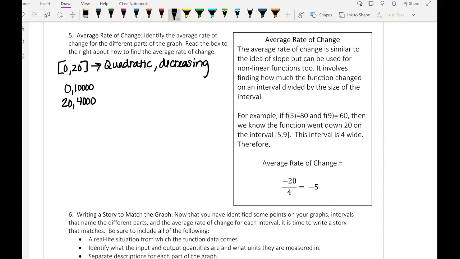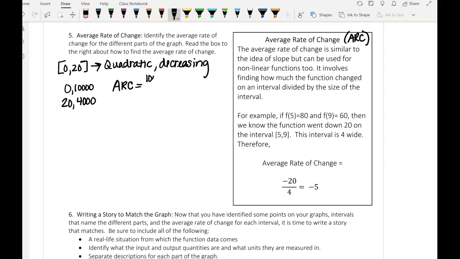So the top of our average rate of change, and I'm just going to use the abbreviation ARC for average rate of change. Write it up there so you remember what ARC is.